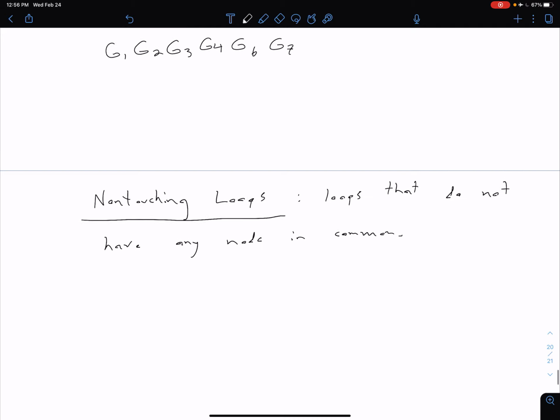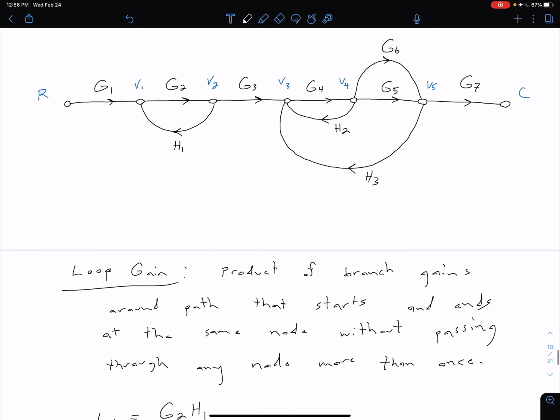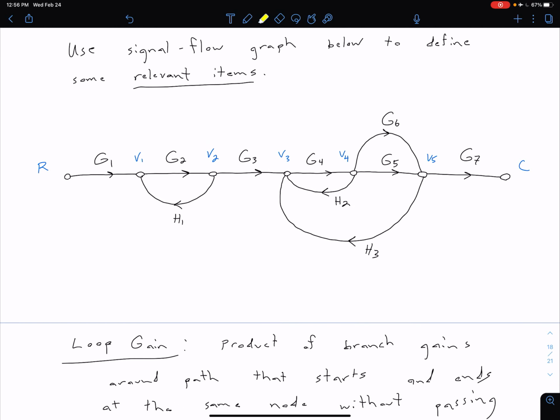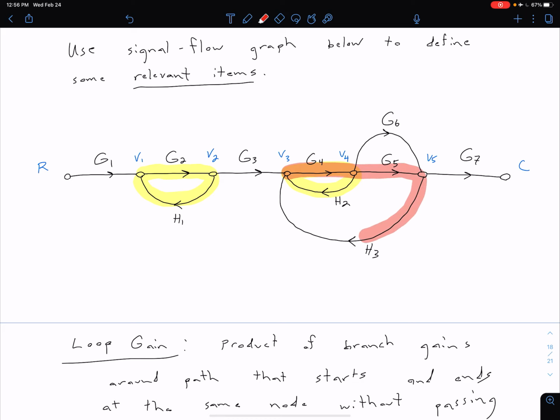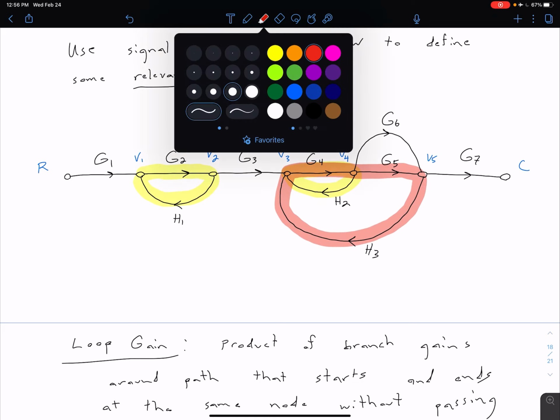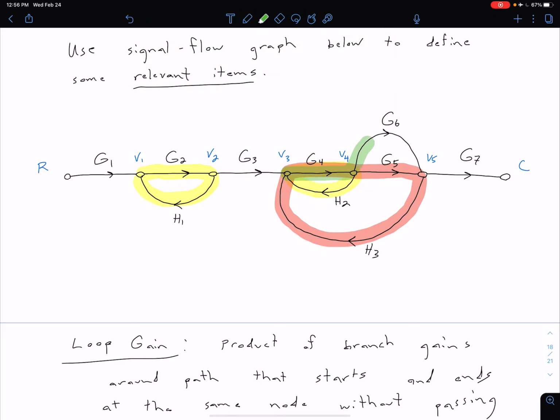Coming back up to our signal flow graph, we can see, for instance, this loop over here, which we called L1, is all by itself. And so it's not touching any of our other 3 loops. So we said we had one loop here. Let's change colors. We also had a loop here. And then we also had a loop here.